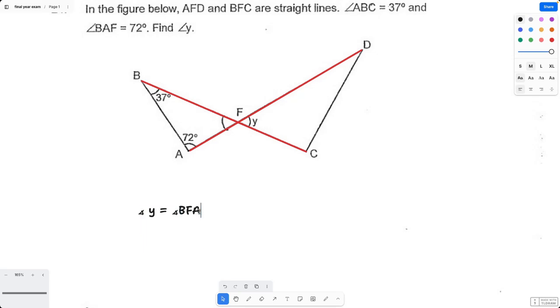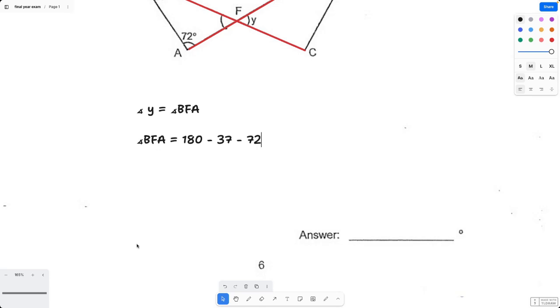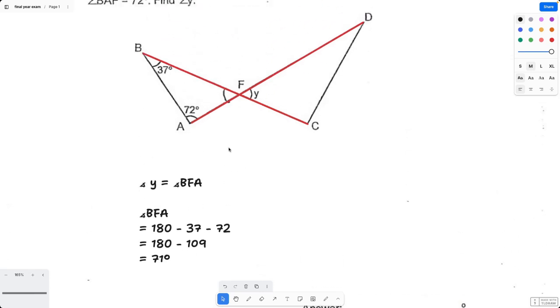Angle BFA is equal to 180 minus 37 minus 72. If I add 37 and 72 together, I will have 109, and this will give me 71 degrees. There you go. So that's the answer.